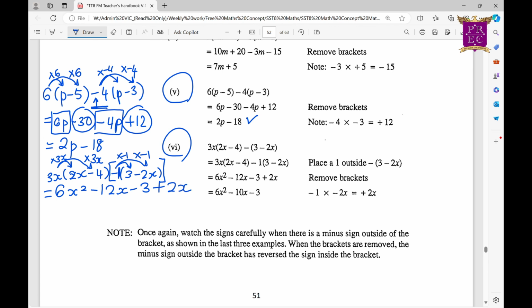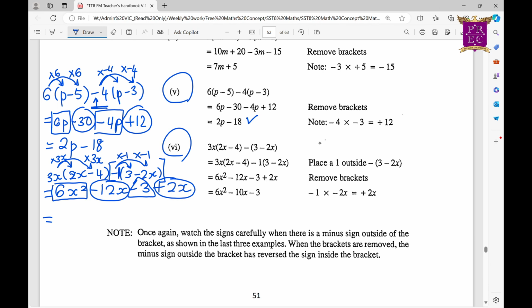Okay, so once again, you're going to want to group all the like terms together and add or subtract them. So 6x squared is a like term on its own because there's no other x squared in the equation. However, negative 12x and positive 2x are like terms because they both have x, and negative 3 is just by itself as well.